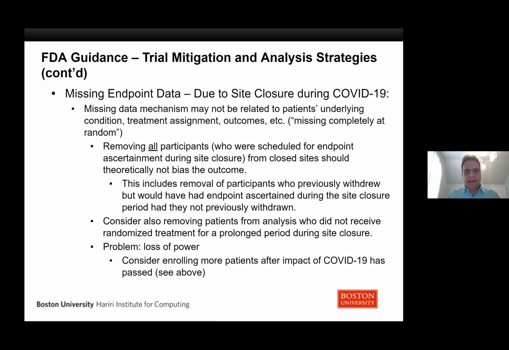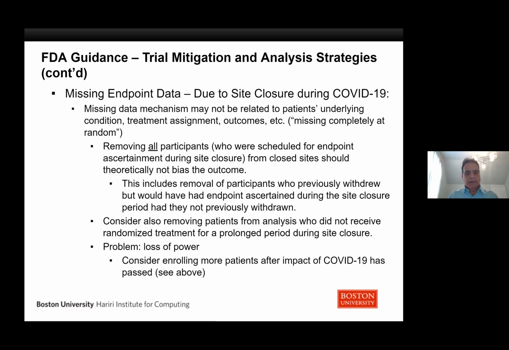Missing endpoint data due to site closure during COVID-19. If a site closes down, the missing data mechanism may not be related to any of the patient's underlying conditions. So you can consider removing all those participants from your analysis. That should theoretically not increase bias.